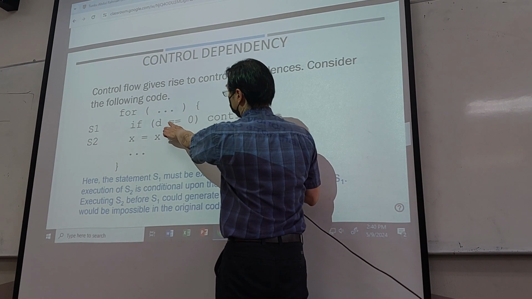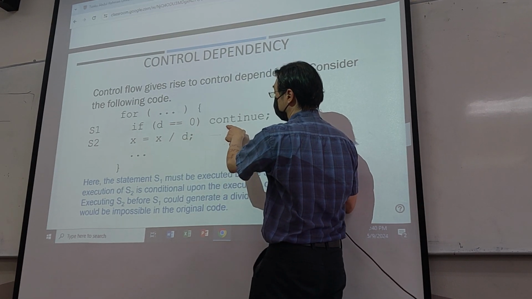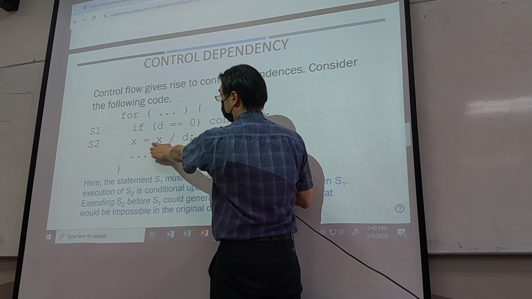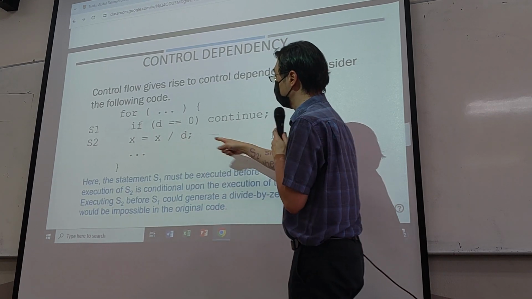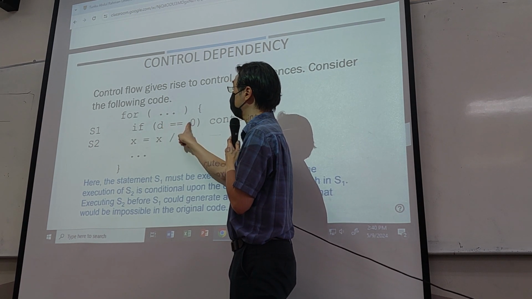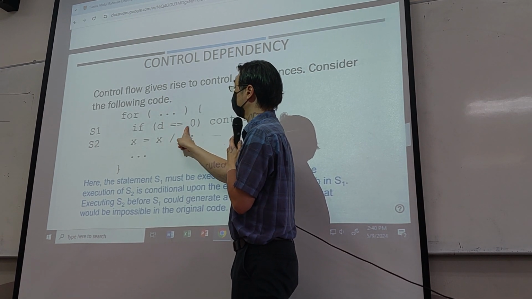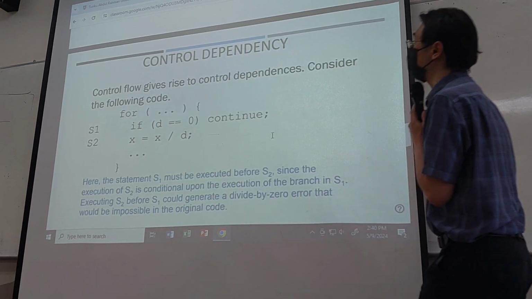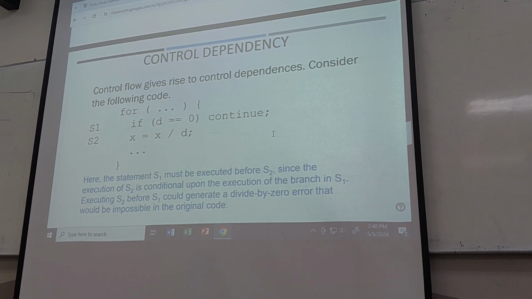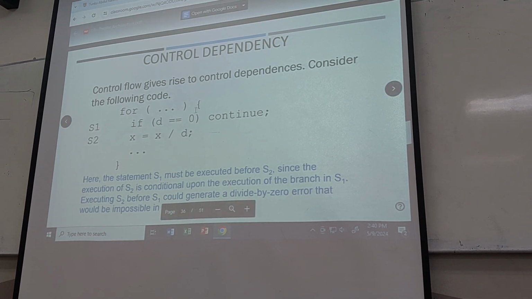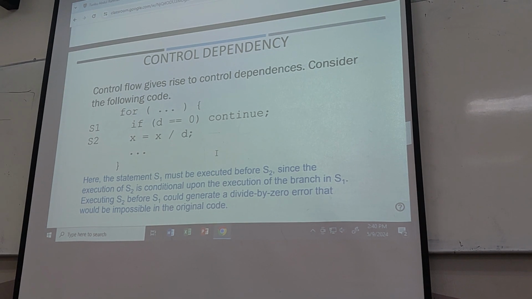But if D is not equal to 0, then it will continue and do this statement here. So this statement is executed or not executed depending on whether the condition is true or false. So there is control dependency: the dependency depends on whether the condition is true or false.